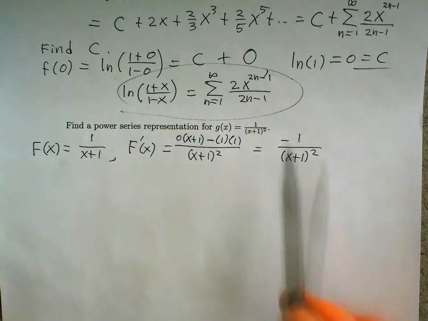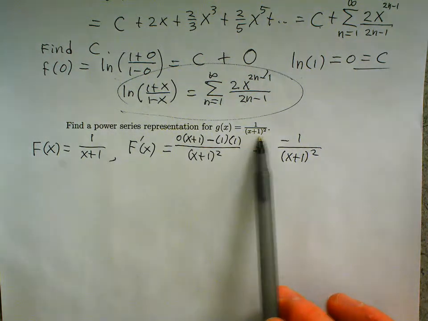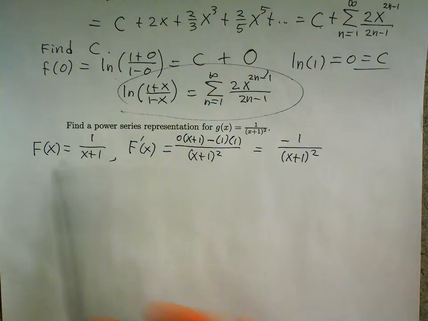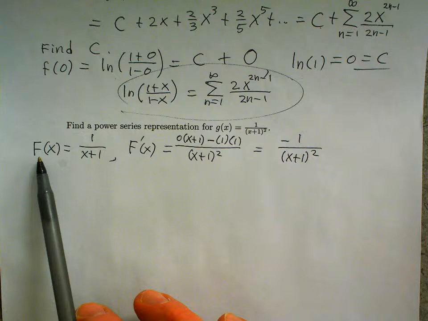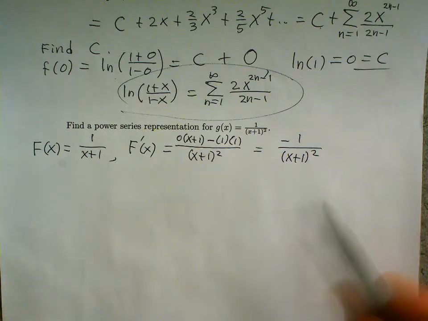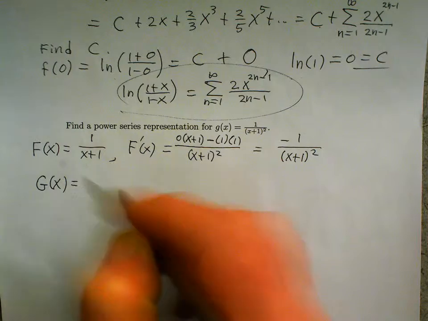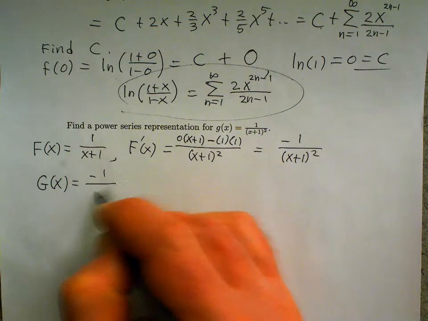Well, we want positive 1 over x plus 1 squared. So we can get that if we just take the negative of capital F of x. I'll call this capital G of x equals negative 1 over x plus 1.